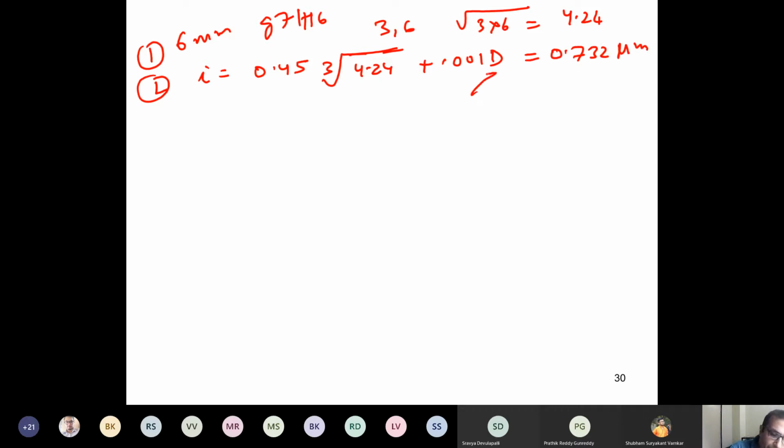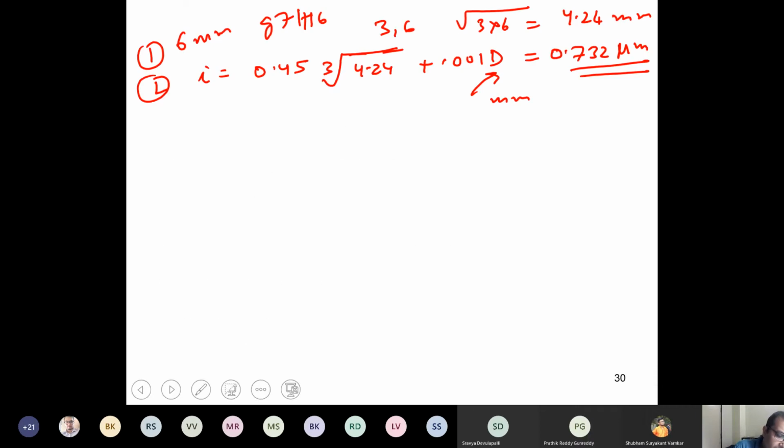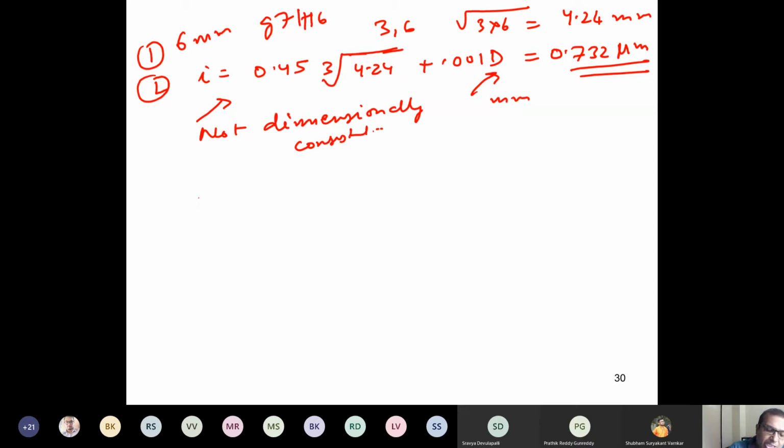D is plugged in millimeters, and you get I in microns. So this you have to always remember. This equation is not dimensionally consistent. Right. So you have these two equations.